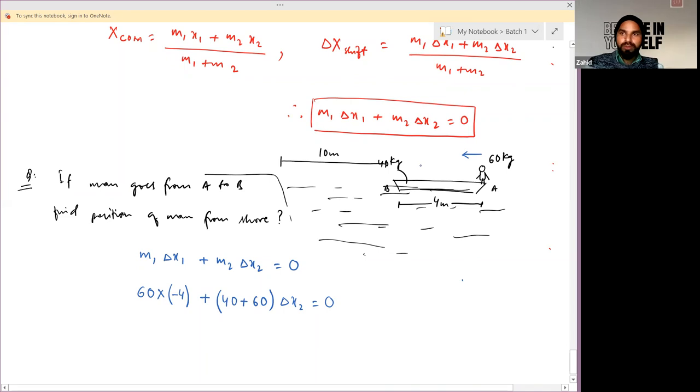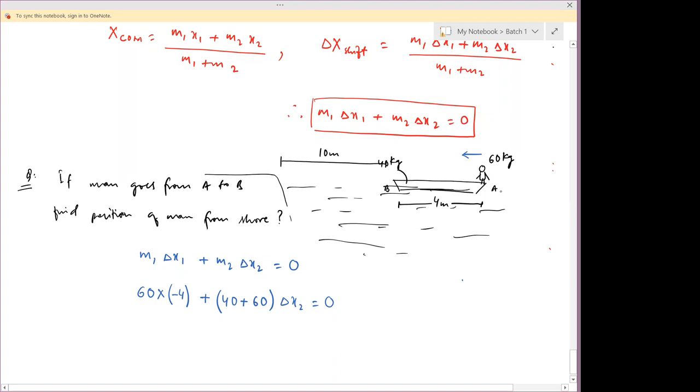So you will say no, he will move individually from A to B. Now, due to this action, as the net shift in center of mass will be 0, both will shift towards the right. And since the man is a part of the system of the boat, along with the boat, the man will himself slightly get shifted towards the right. Is it clear?